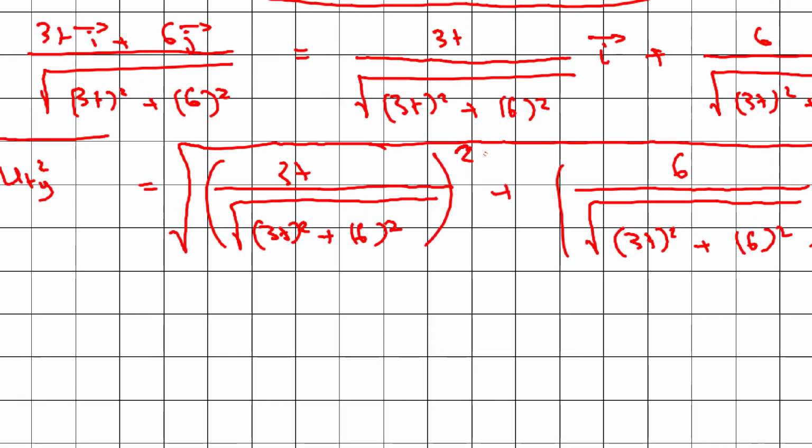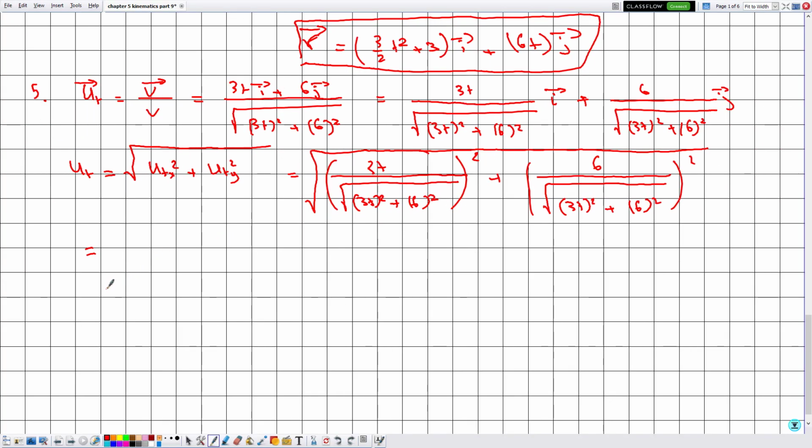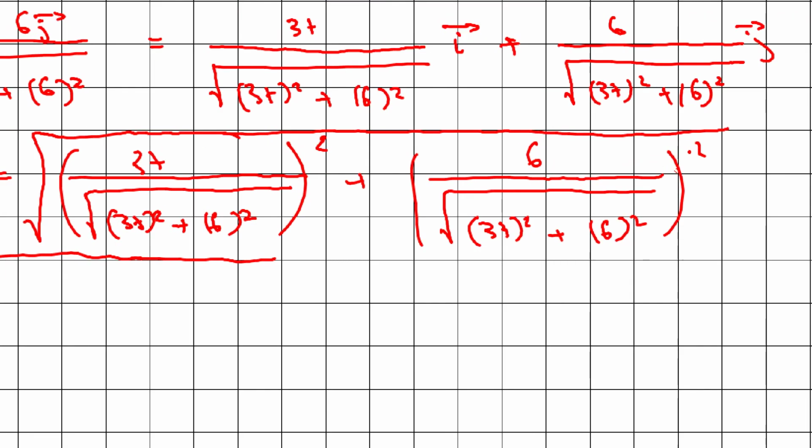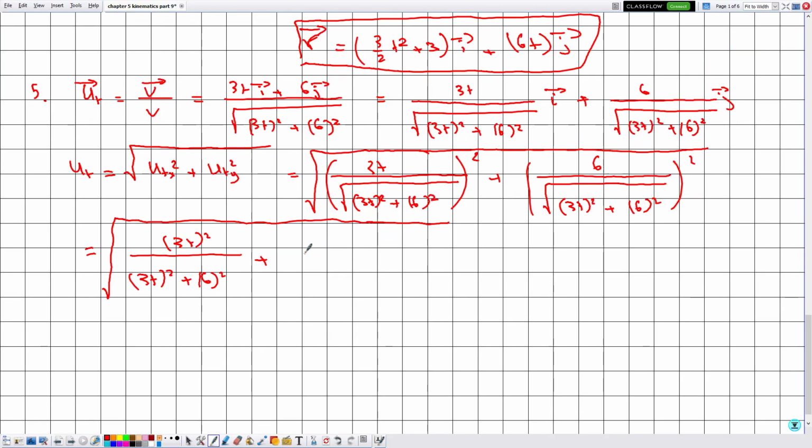Now this power 2 is for both the numerator and the denominator. So it's given by 3t to the power 2 divided by the denominator, which is given by 3t squared plus 6 to the power 2, plus. Now as for this, power 2 is for the numerator and the denominator. Then the power 2 cancels out the radical and we have 3t squared plus 6 squared.